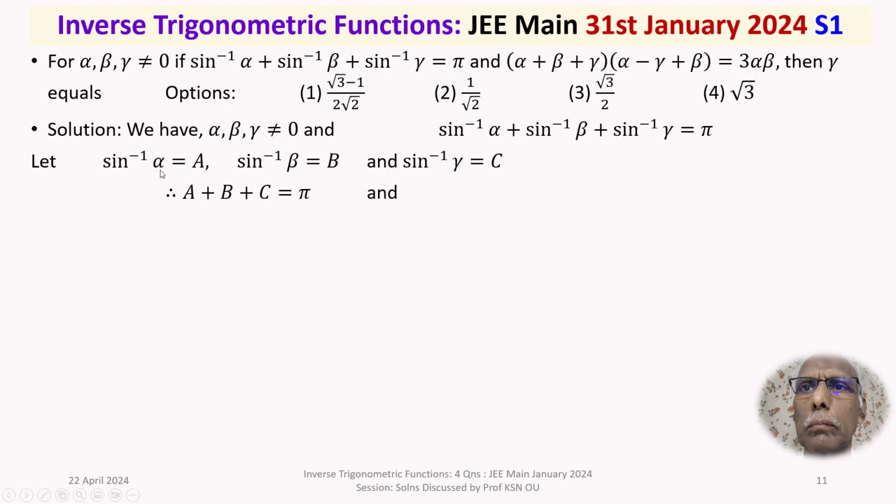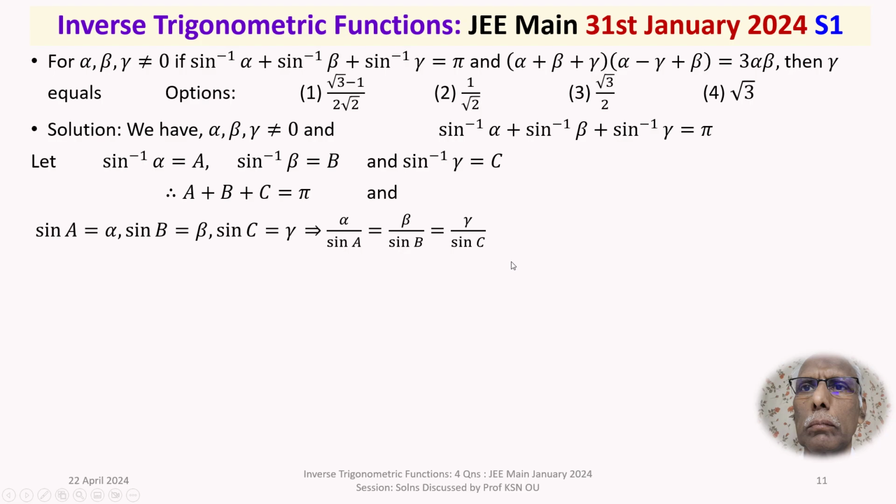And sine inverse alpha is equal to A means sine A is alpha, sine B is beta, sine C is gamma, and thereby you will get alpha by sine A, that is 1, is equal to beta by sine B is equal to gamma by sine C.